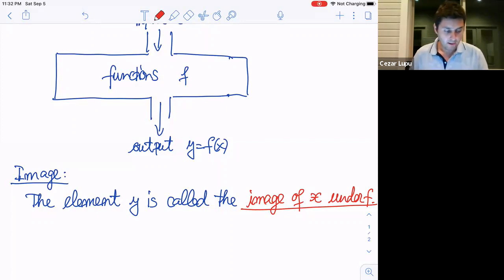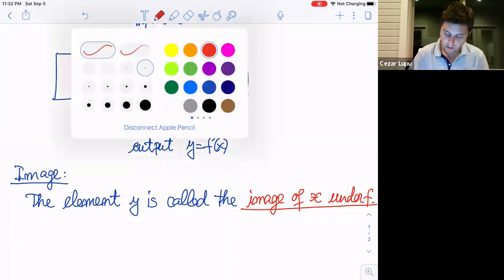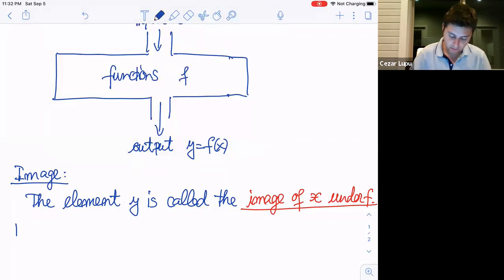Okay, and now let's talk a bit about the domain of a function. Before we dive more into examples, I would like to say a few words about the domain.